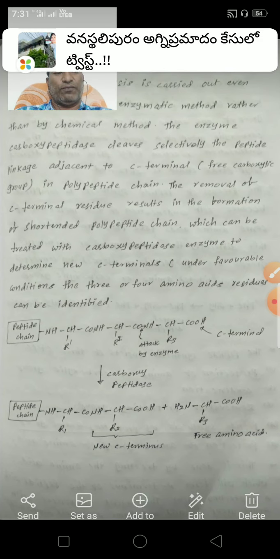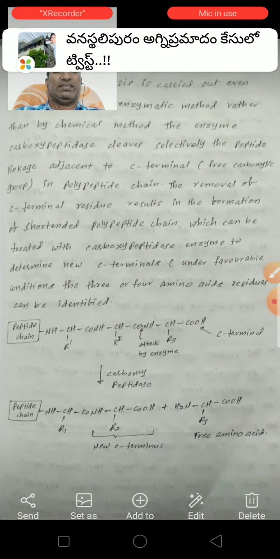Under favorable conditions, 3 or 4 amino acid residues can be identified. See here, C-terminal analysis is carried out even more efficiently by the enzymatic method. Here, the carboxypeptidase enzyme cleaves selectively the peptide linkage adjacent to the C-terminus.